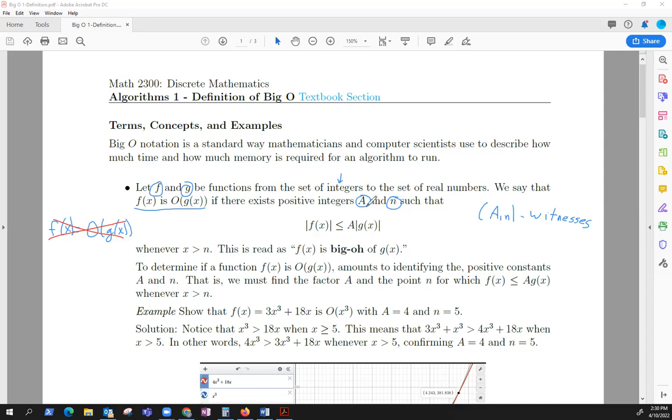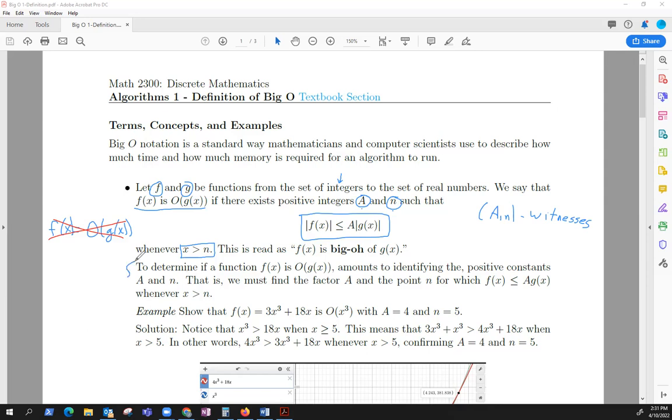If you can find positive integers a and n such that this inequality holds true, the absolute value of f of x is less than or equal to a times the absolute value of g of x when x is bigger than n. So in other words, we can go far enough over on the x-axis so that f of x is less than or equal to a constant times g of x.